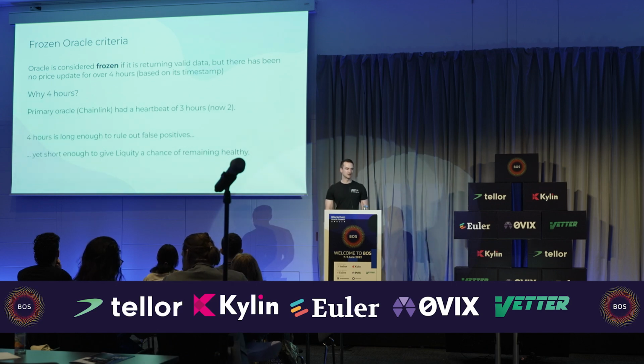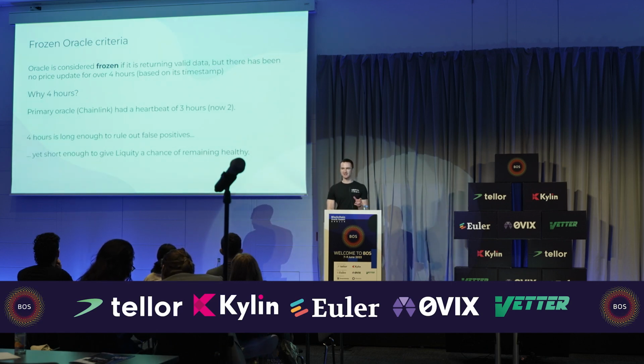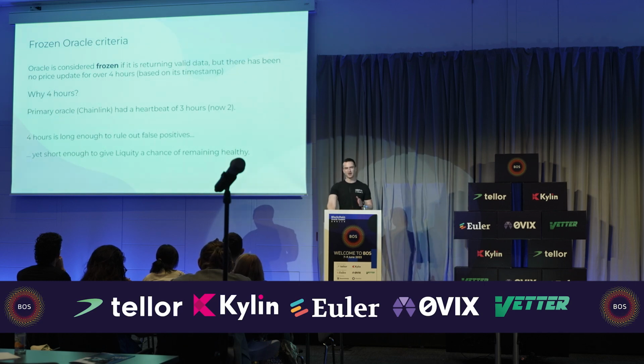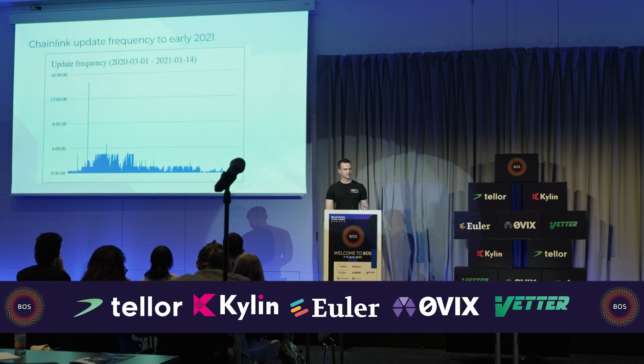It's our best guess at a sweet spot, because it should be long enough to avoid false positives if, say, there's very low ether volatility and the primary oracle price doesn't update. Chainlink have a minimum update of 3 hours, so we wanted it to be longer than that. But we also wanted it not to be too long, because if Liquity doesn't see a current ether price for very long, it could get into a very unhealthy state and become under-collateralized. So 4 hours was our best guess at that sweet spot.